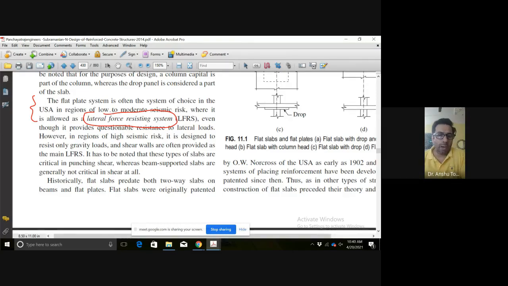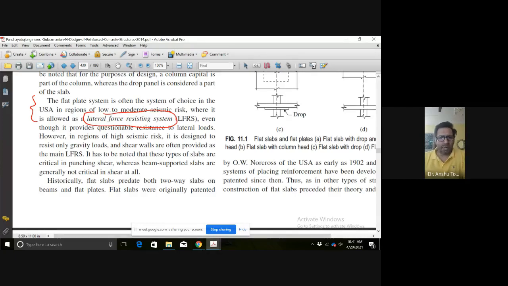But in zone 2 and zone 3, you can always use flat slab system with proper detailing and design. Noida region, Delhi NCR, Gurgaon, these all come under very critical zones of earthquake.